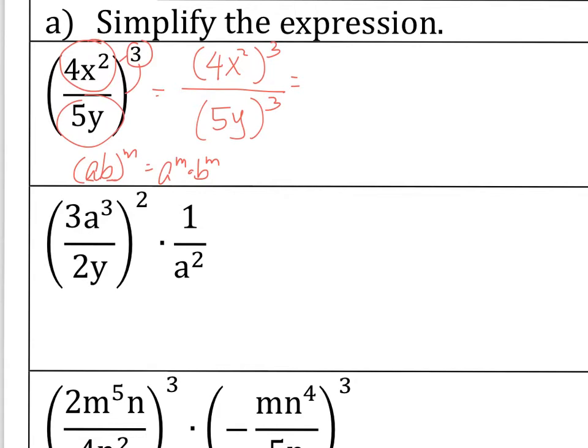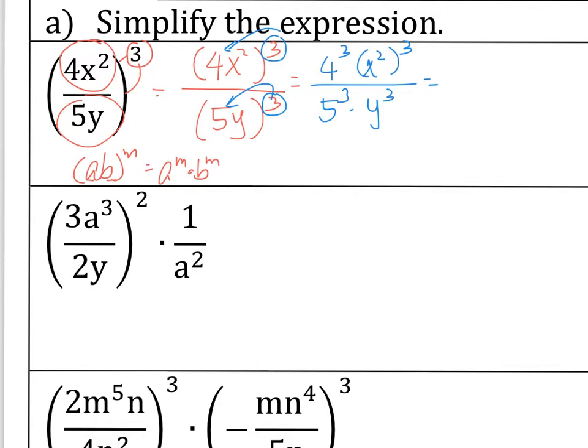So I will rewrite that as 4 to the 3rd power, and x squared in parentheses to the 3rd power. I'm going to take 5 to the 3rd power times y to the 3rd power.